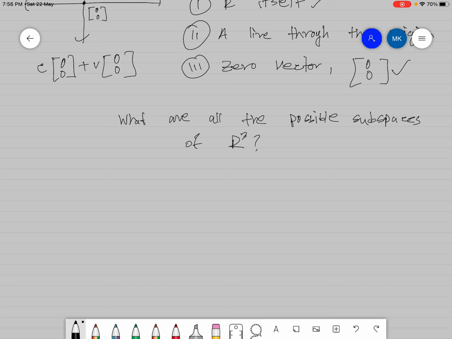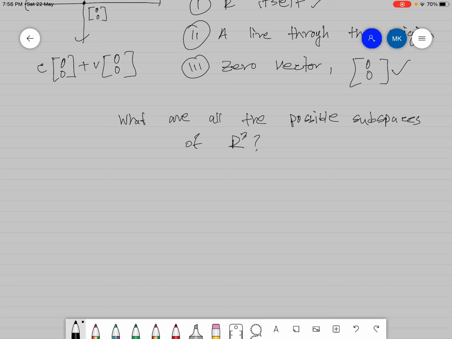The hint is basically the two conditions. Think from the perspective of the two conditions, which subspaces actually fulfill the two conditions to be a vector subspace. Okay, and you'll know the answer.